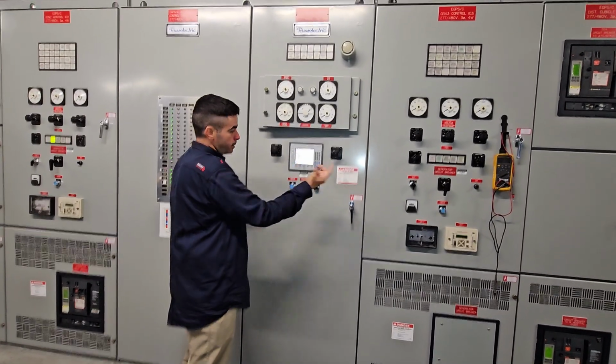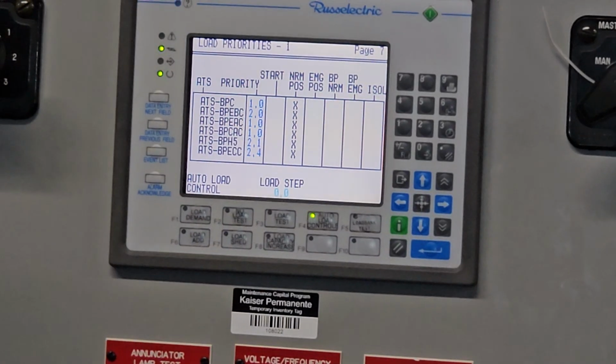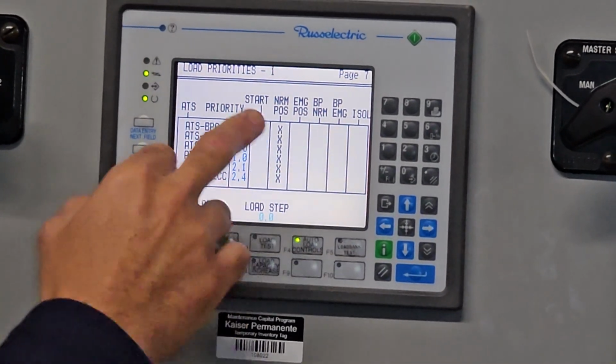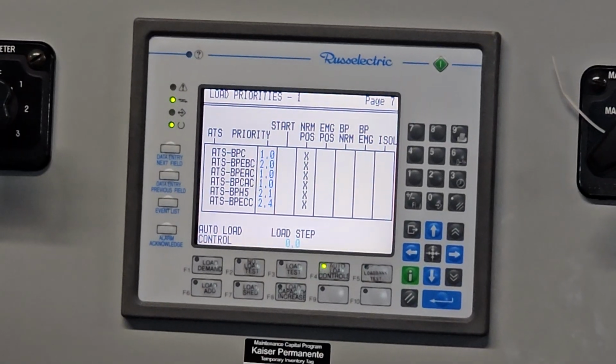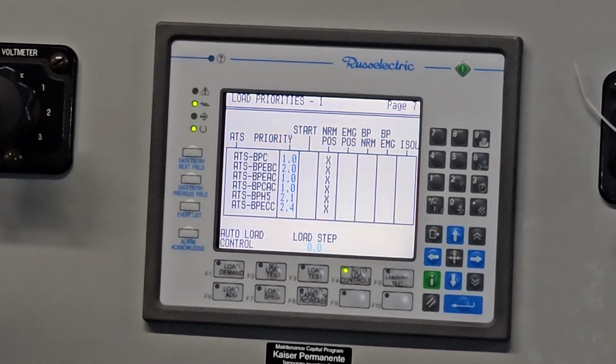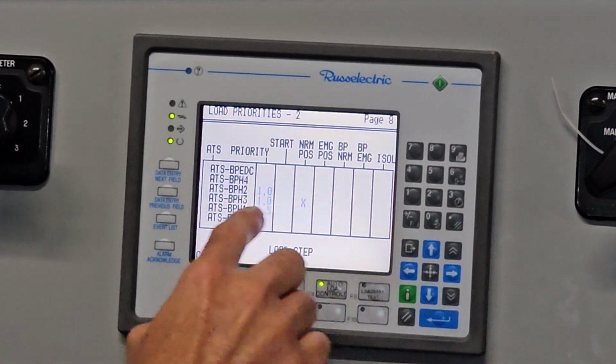Then it shows us the priorities for all the ATSs. We can see here priority 1, 2, 1, 1, 2.1, 2.4. So whichever is different than 1, those can be removed from the emergency bus. Those can be shed out.